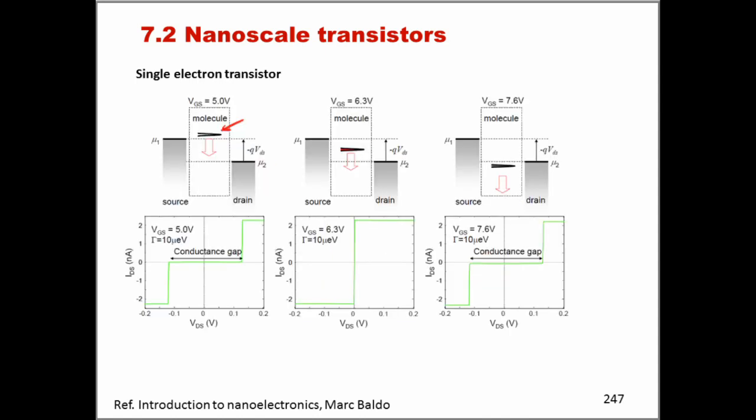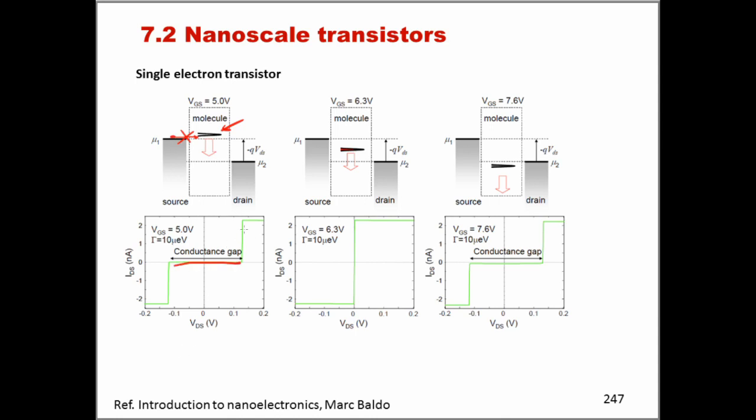The reason it's not on is because, as you can see, the state is above both the Fermi level of the source and the drain, and so when VDS is small, there is no available state for the electrons to move to. The state in the molecule is slightly higher, and so the states are not available, so this electron cannot move effectively. And so there is a conductance gap.